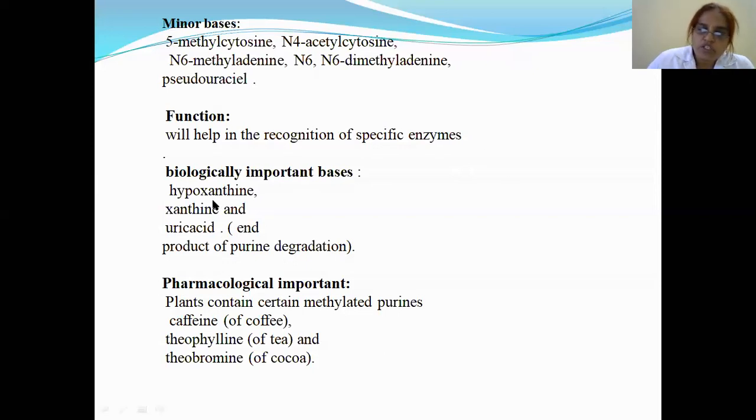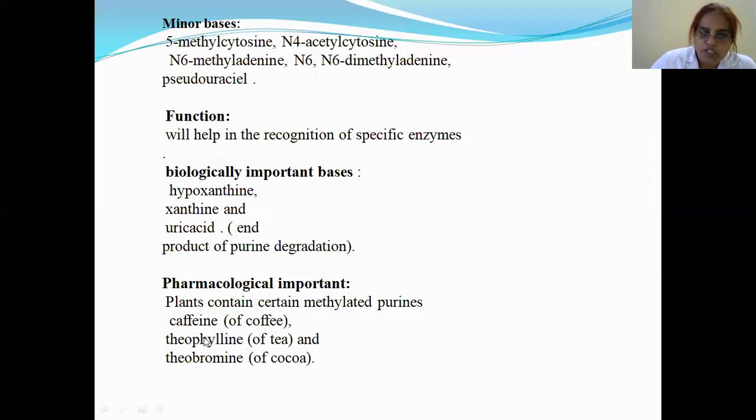Other than biologically important bases, pharmacologically important bases are also present in plants. Generally, plants contain certain methylated purines. Caffeine is a methylated purine that is present in coffee.